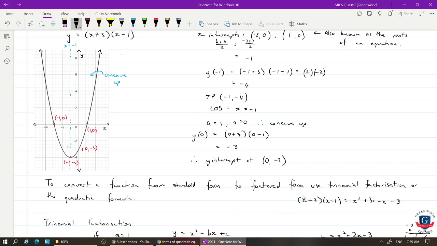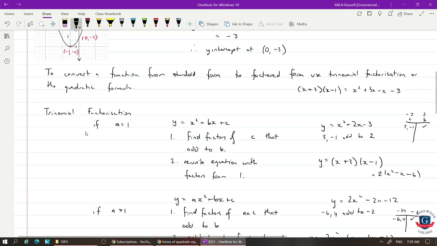We're going to start with trinomial factorization. So if a equals 1, if it's just x squared plus bx plus c, as opposed to some value times x squared plus bx plus c, where a equals 1, find the factors of c that add to b, and rewrite the equation with the factors from 1.